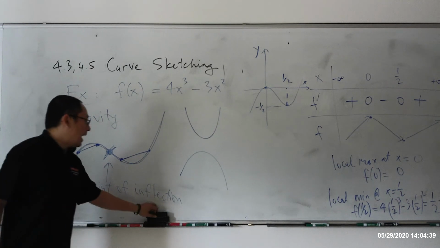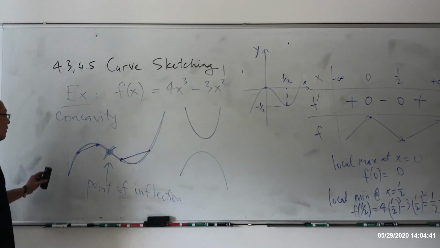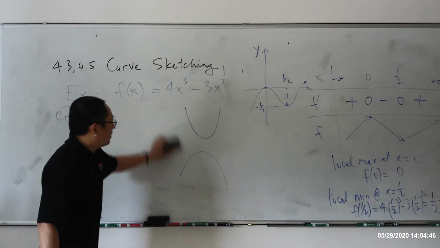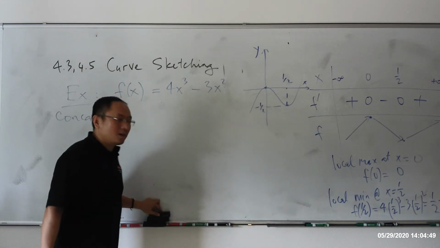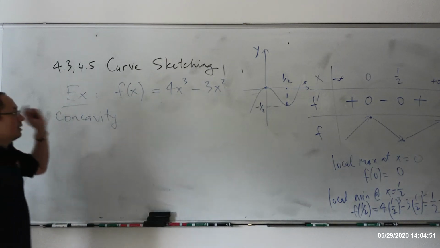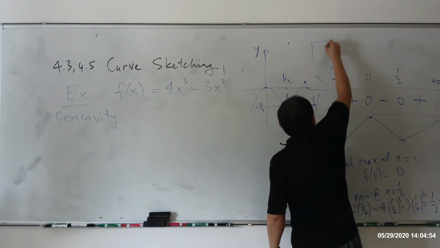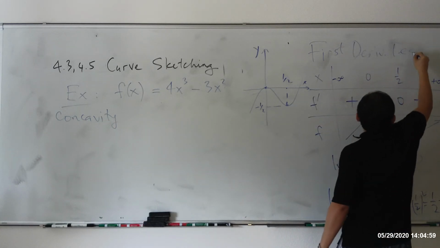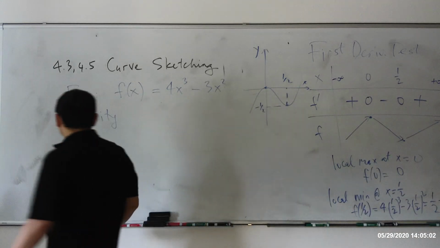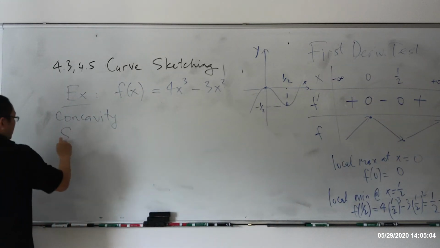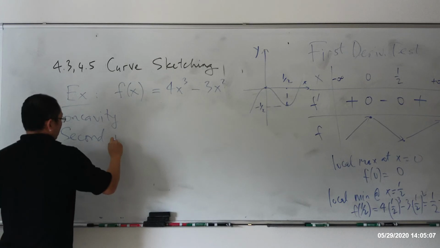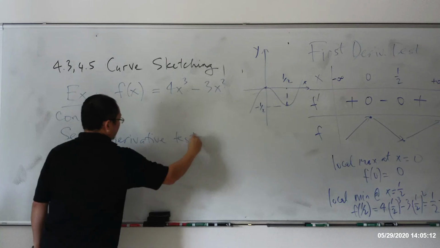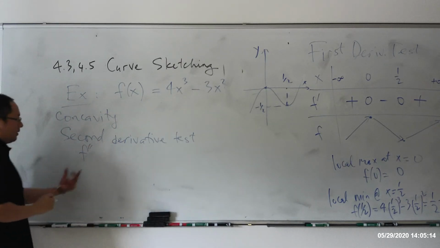All right? And how do we know whether the graph is concave up or concave down? How do we know the concavity of the graph? There is another test called the second derivative test. This one right here, by the way, was the first derivative test. Now we are talking about the second derivative test, but it's pretty much the same idea. You have f double prime, the second derivative.